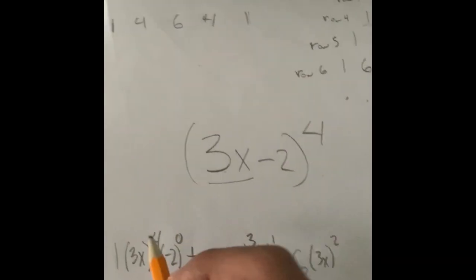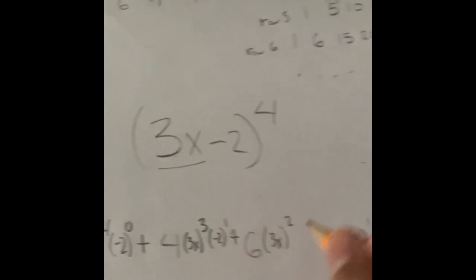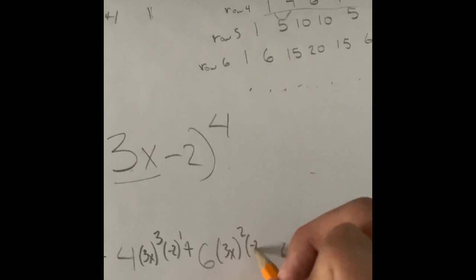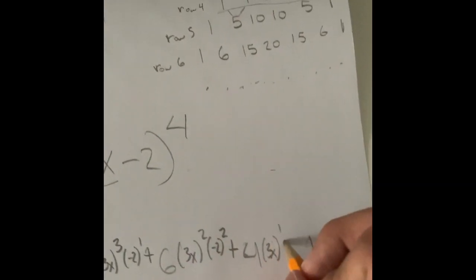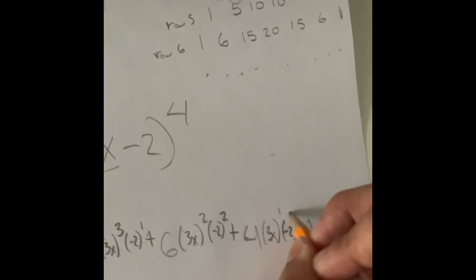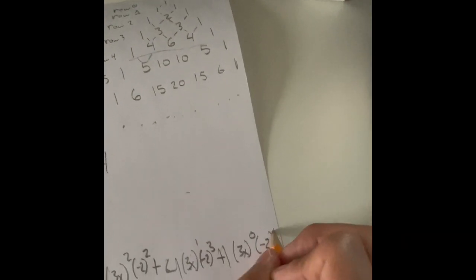See, 0 to 1, 4 to 3, descending and ascending. Let's add that. Negative 2 to the second. And then negative 2 to the third. And then in the end, it's going to be negative 2 to the fourth.